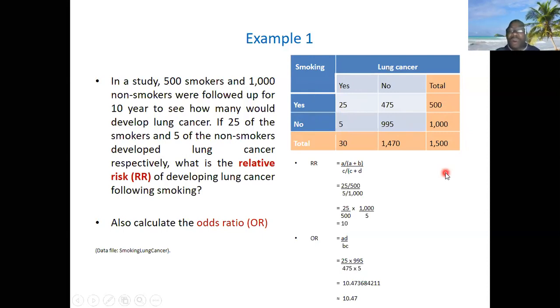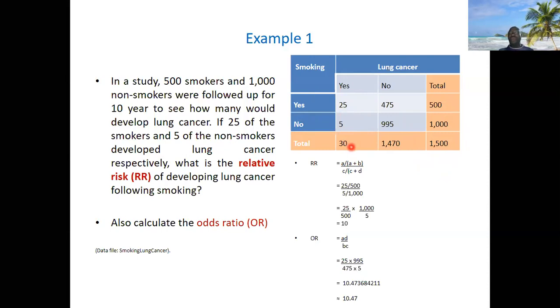You follow up. At the end of the follow-up, 30 out of the 1,500 developed lung cancer. The remaining 1,470 did not develop cancer. Now, out of these 30 that developed lung cancer, how many were exposed?